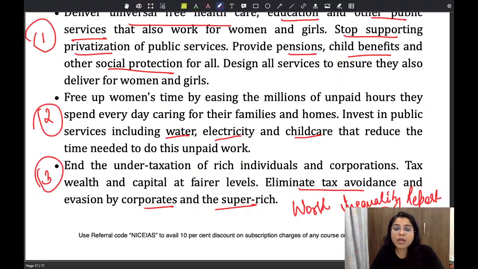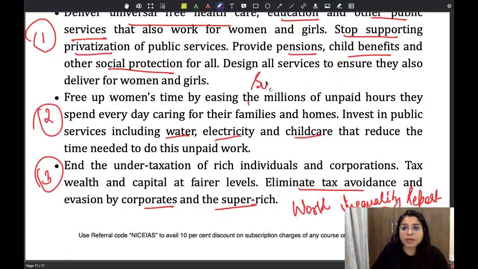So this talks about how inequalities have increased in the post-liberalization times, and we should tax the rich people, and that should be our agenda, that you have income tax correctly implemented and correctly targeted, and you have wealth tax correctly targeted. But to address this income inequality, one must look at providing social goods.